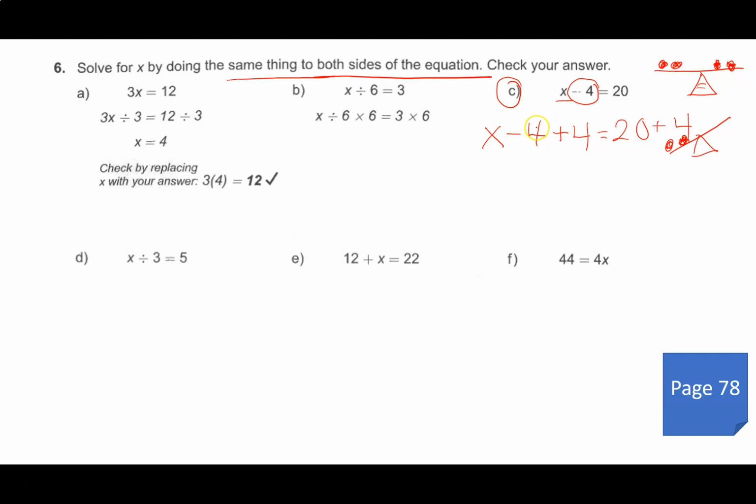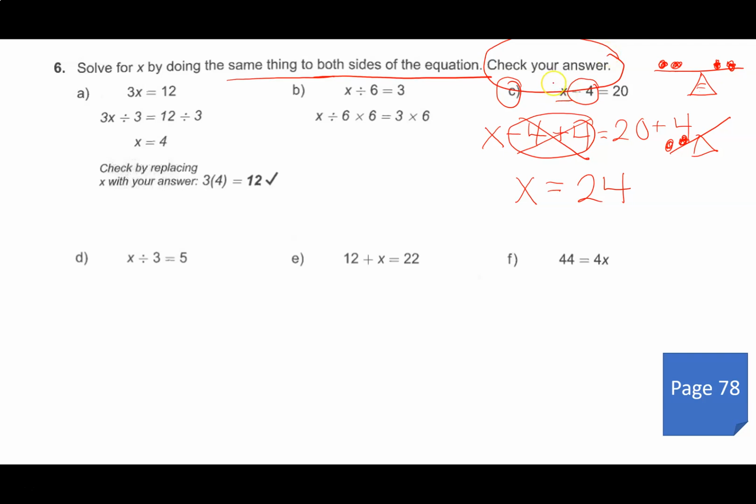If we have taken away 4 and we add 4, remember that those cancel each other out, and we're left only with x on this side of the equation. On the other side, we have 20 plus 4. That equals 24. x equals 24. That is step 1, but step 2 is always to check your answer.